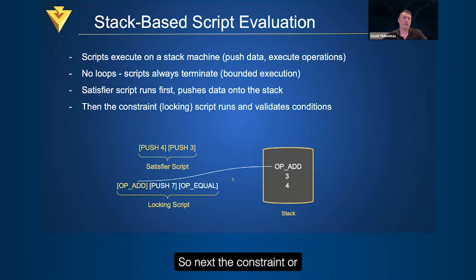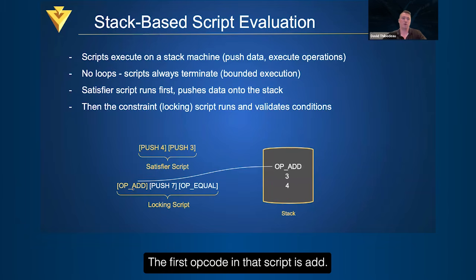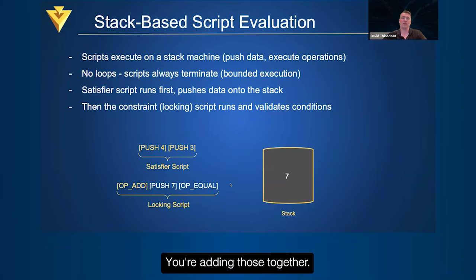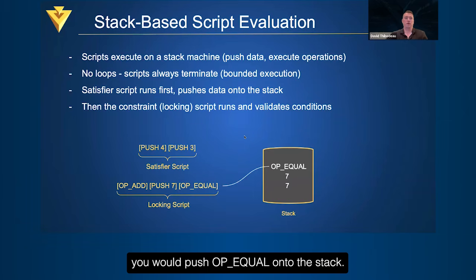Next, the constraint or locking script runs and it validates the conditions. The first opcode in that script is add. Now there's a 3 and a 4. You're adding those together. You get 7. Now you push the constraint script's 7 onto the stack. And lastly, you would push op equal onto the stack.